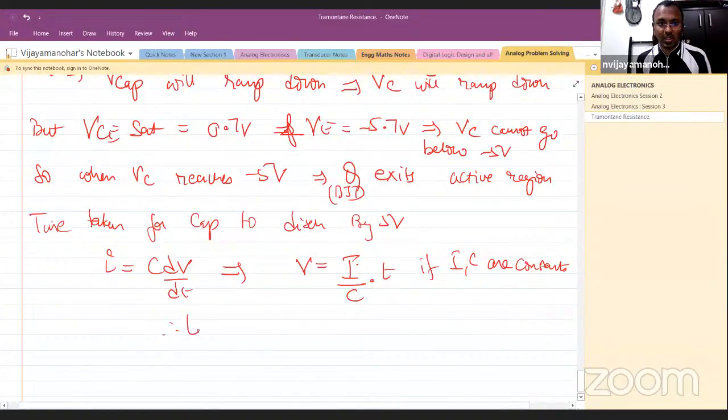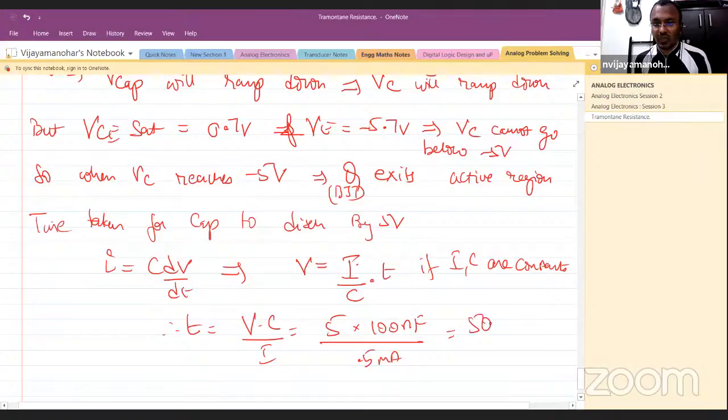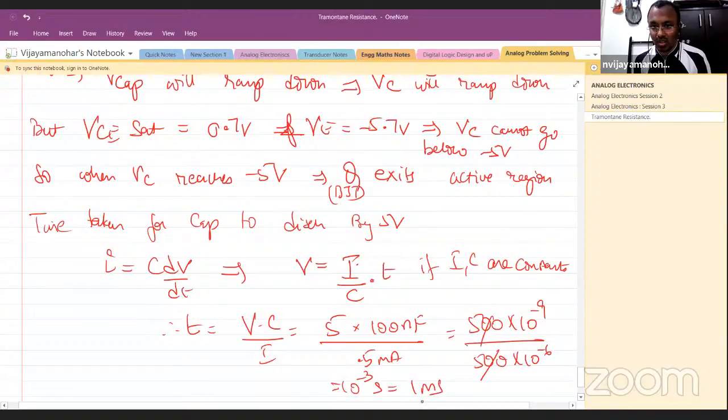So therefore t equal to V into C by I. V is 5 volt, C is 100 nanofarad, and I is 0.5 milliampere, which is 500 microampere. So t is 5 into 100 times 10 power minus 9 divided by 500 times 10 power minus 6, which is 10 power minus 3 seconds, which is 1 millisecond.